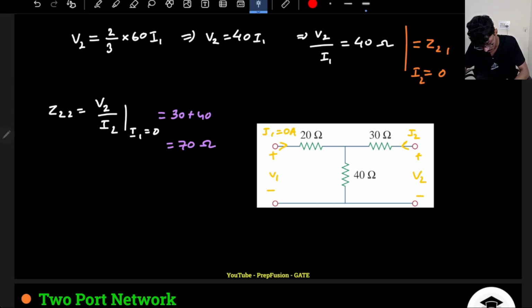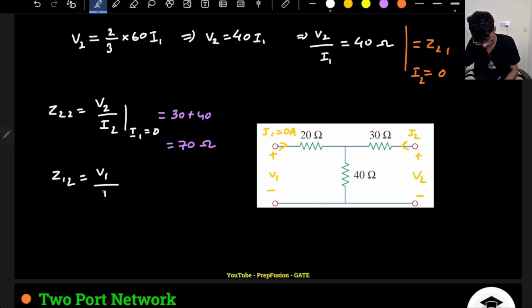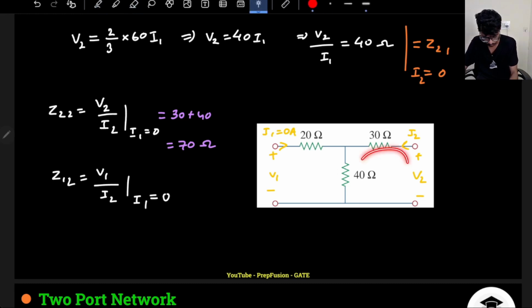What about Z12? Z12 is V1 divided by I2 when my I1 is equal to 0. Again the same thing: you apply voltage division.